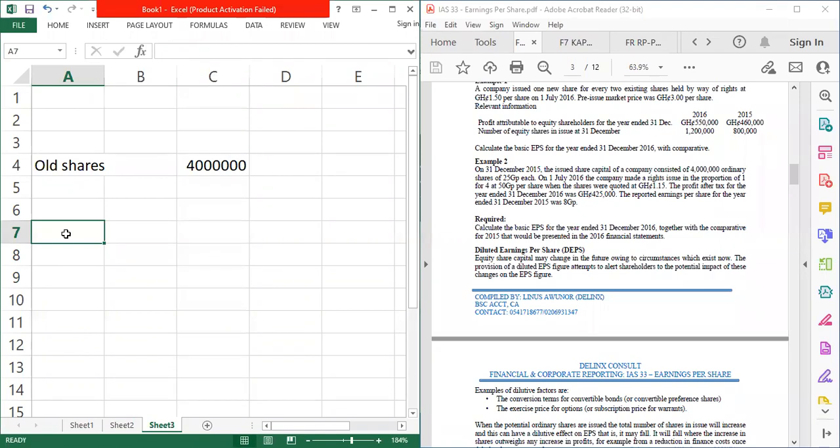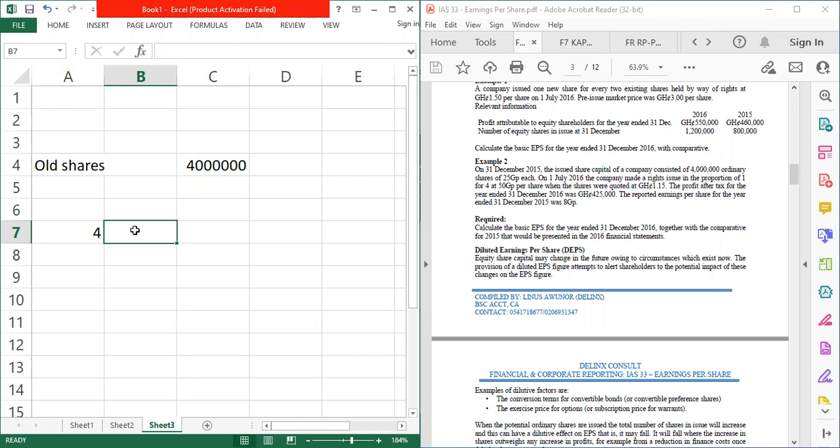On July, the company made a right issue in the proportion of 1-for-4, at 50 pesos per share, when the shares were quoted at 1.15. So what is the old shares that we are bringing? The old share we are bringing is 4.